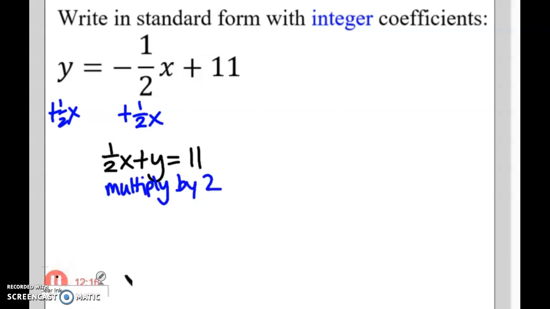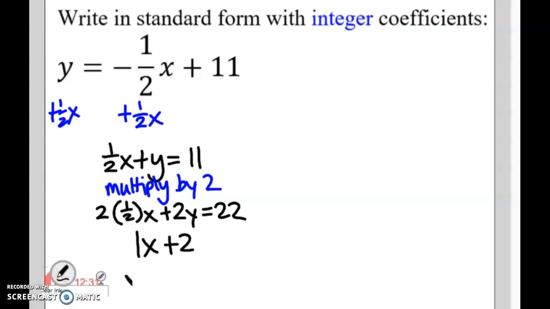Make sure you do that to all of the things. So I'll write it out, 2 times 1/2 x plus 2y equals 22. Right? 2 times 1/2 is just 1. So we get rid of that fraction. Okay, x, y, x is positive, they're all integer coefficients, so we're good. You don't necessarily need to write the 1, but if there's nothing there, it's just plain x, then there's a 1.